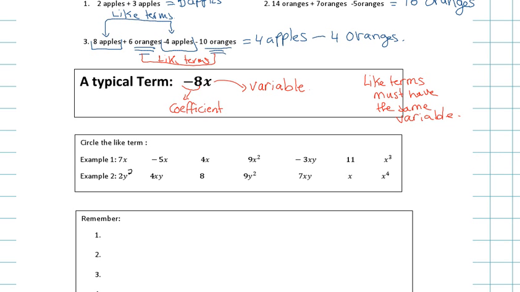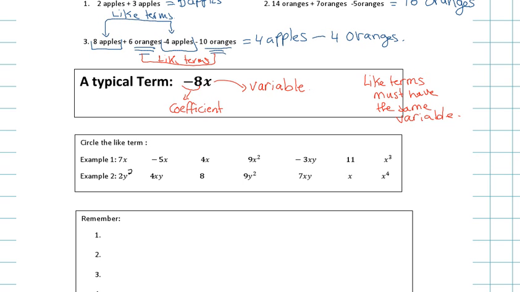Negative 5x, 4x, 9x squared. Is 9x squared a like term? You can go with it because it's an x. Yeah, but does it have the same exponent? Oh, I didn't know that. I thought you were just asking if they could go together.